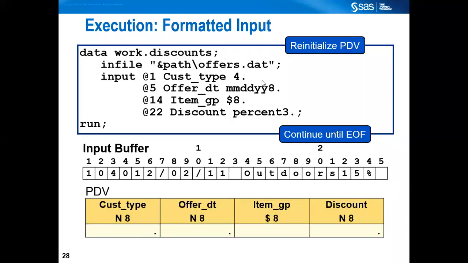But in the second iteration, your PDV gets reinitialized to missing. Make a note: this is reading from a raw file, so the columns are not coming from an input data set. Hence, all the variables get reinitialized to missing when reading from a raw file. Understood? Yes? Okay.